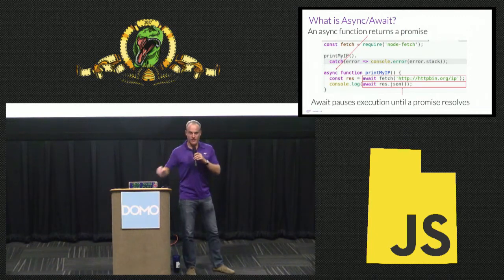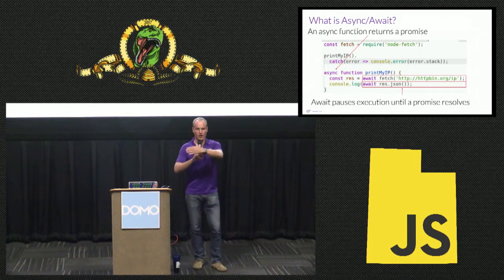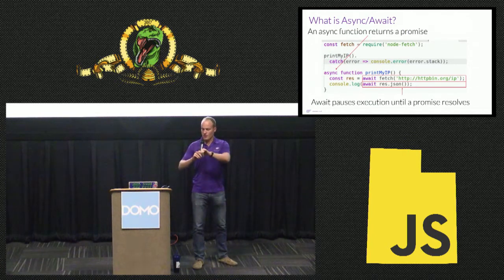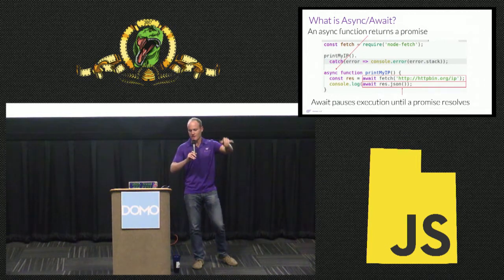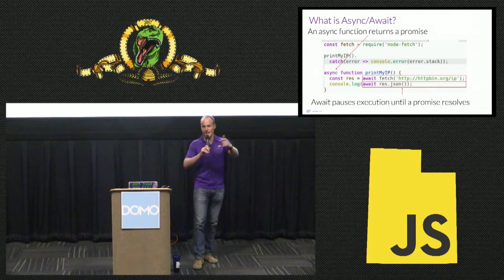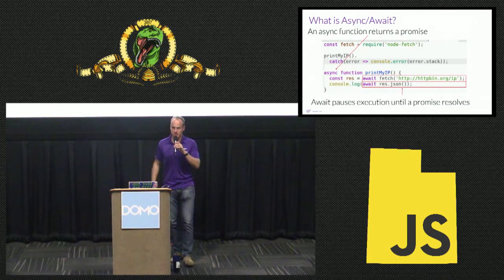So you see these red squares around the await calls. That's a place where Node is going to pause execution until the promise is settled. Once await fetch is settled, it will assign the resolved value of the promise to res, and then it will print it out after the res.json promise has resolved.